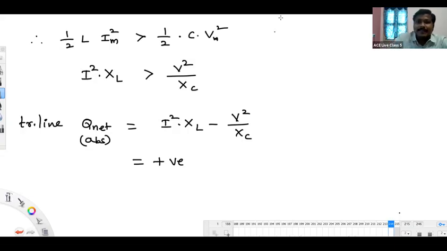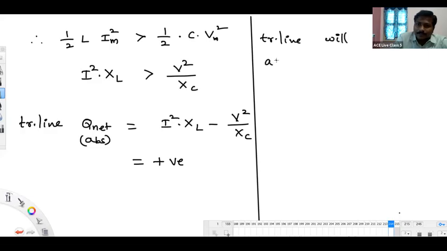The transmission line will act as a sink of reactive power.